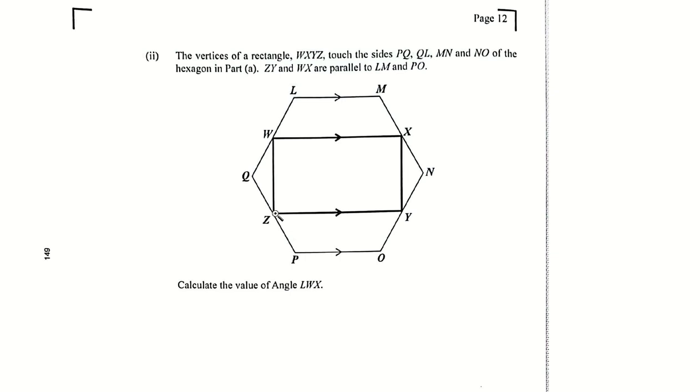So they're telling you that ZY is parallel to this, and WX is also parallel to this. So all these lines, LM, WX, ZY, and PO, are all parallel to each other.